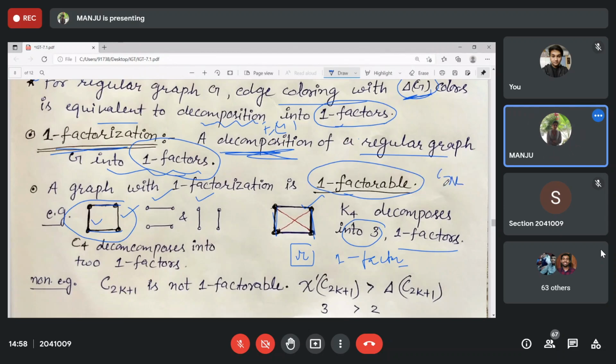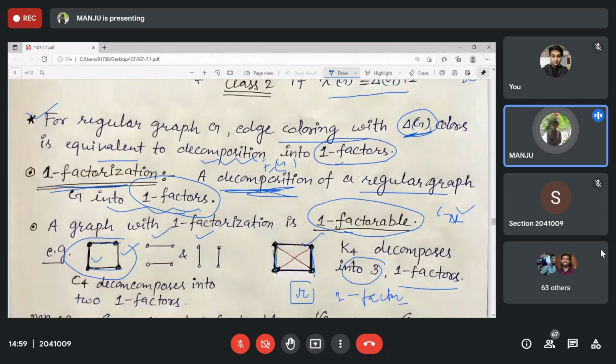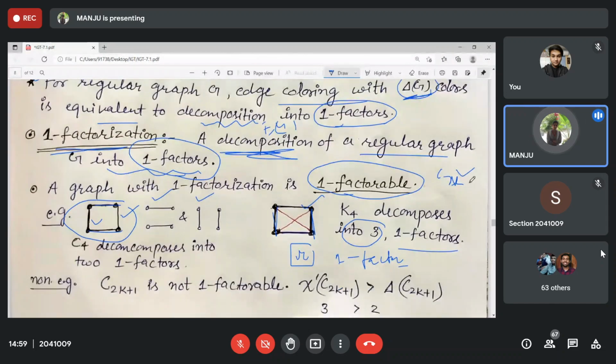So C2k, that is an even cycle, is one factorable, right? Alternate edges form the one factor, then the remaining edges form the one factor. What about Kn? Does K3 form a one factor? No. K4, yes. K2, yes. K6, yes. So K2k, that is even order, forms the one factor, right? And how many one factors? 2n minus 1.